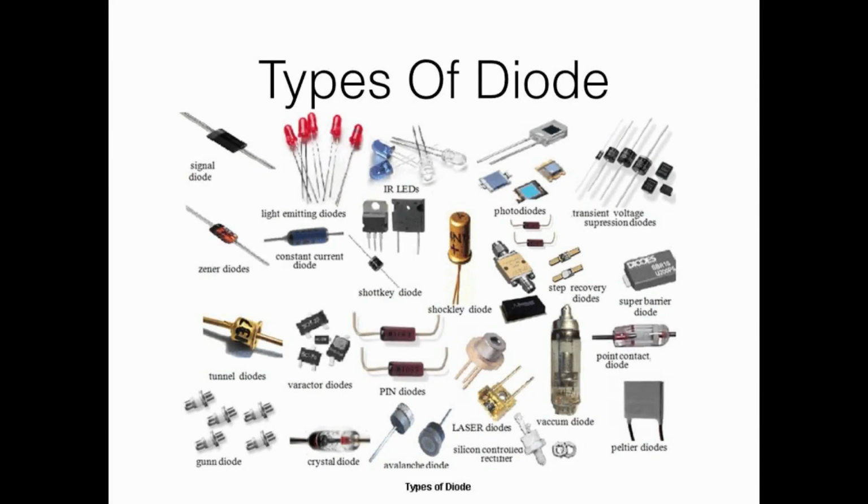PIN junction diode, rectifier diode, Schottky diode, super barrier diode, light emitting diode, photodiode, laser diode, tunnel diode, Zener diode, backward diode, avalanche diode, transient voltage suppressor, gold doped diode, constant current diode, step recovery diode, Peltier or thermal diode, vacuum diode, varactor diode, Gunn diode, PIN diode, silicon controlled rectifier, Schottky diode, point contact diode.